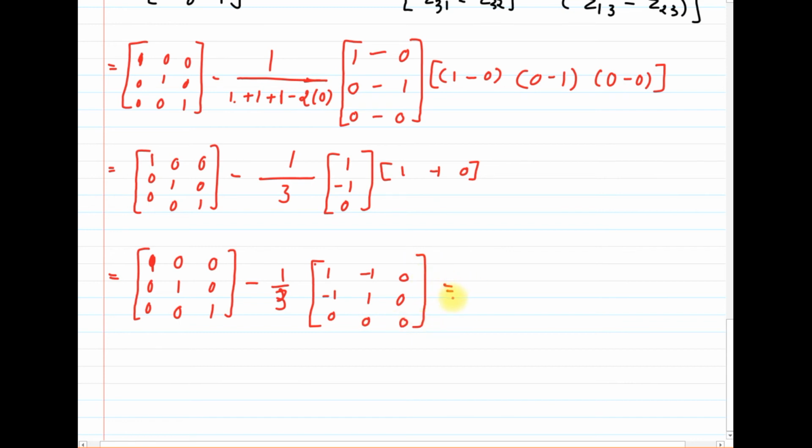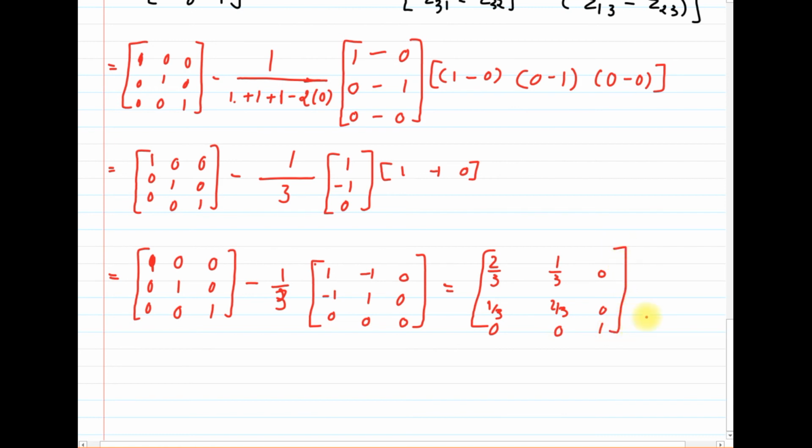So the final answer for step number 4 is, we'll directly write 2 by 3, yes, 1 minus 1, okay, it is 2 by 3, 1 by 3, 0, again it is 1 by 3, 2 by 3, 0 and 0 0 1.